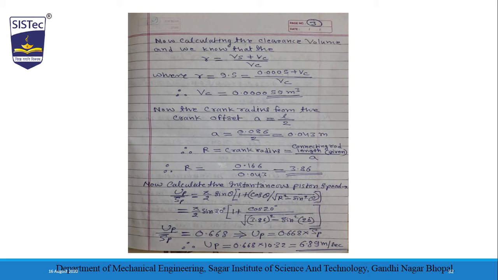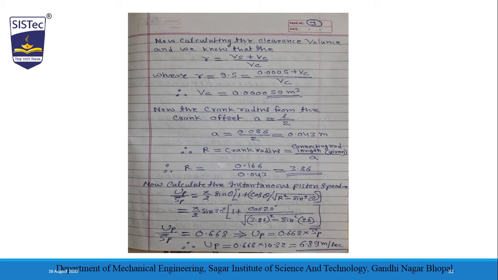So 0.166, which is already given in the numerical, divided by the offset value a, which we just calculated, 0.043. So the answer is 3.86.